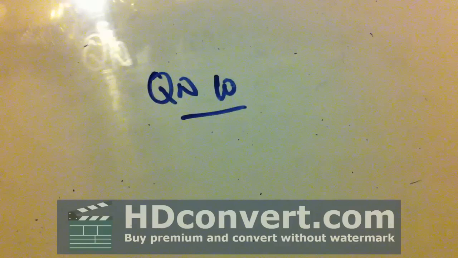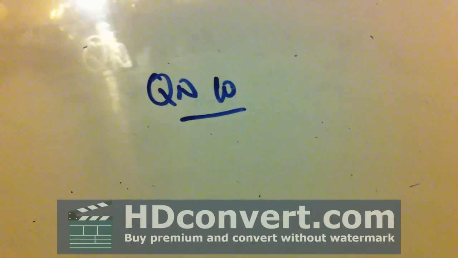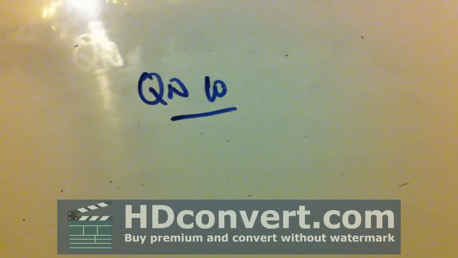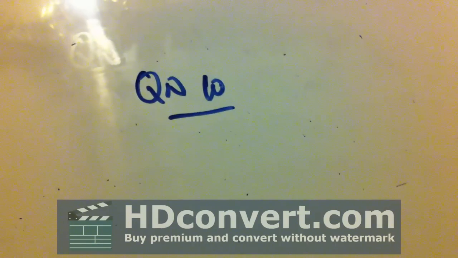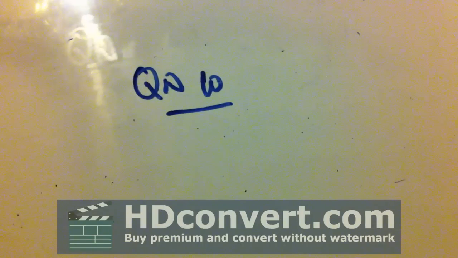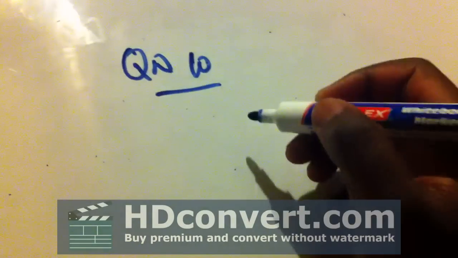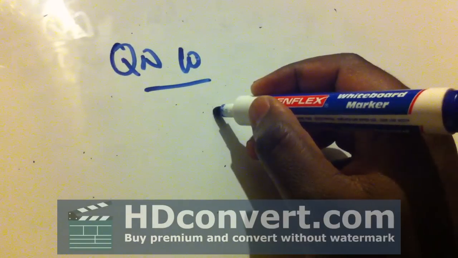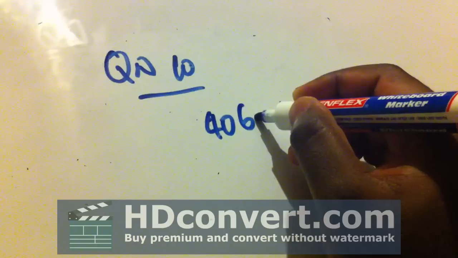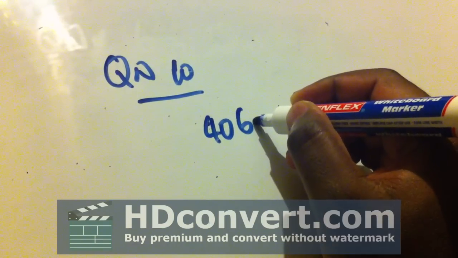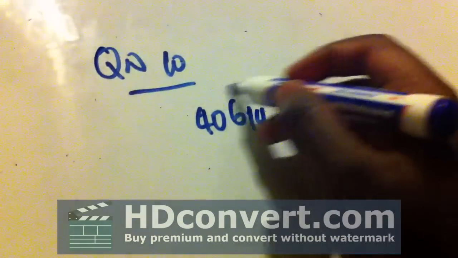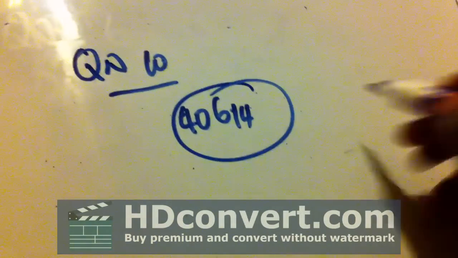Which one of the following represents the total sales? You are given sundries, bank, sales, and VAT output. So your calculation is simple. You have your bank amount, which is 40614. Right? That's the total amount that is in your bank ledger.